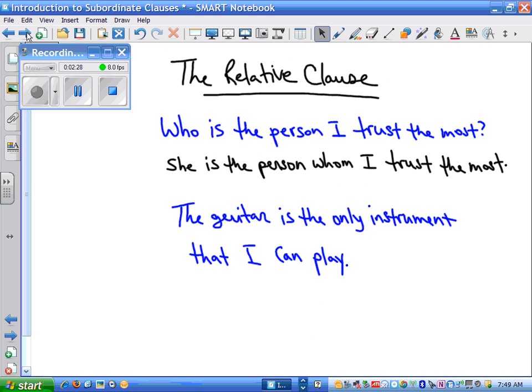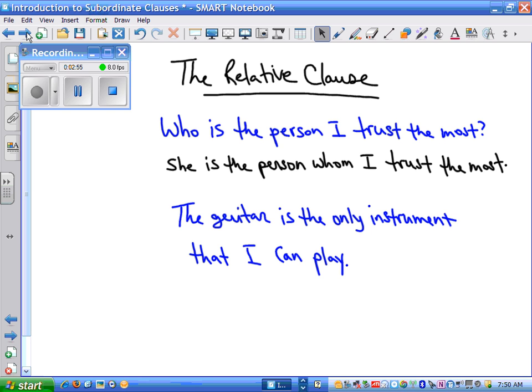Let's take a look at the relative clause. Now, the first sentence has that word who in it. Who, like many of the other kinds of words that we've seen so far, in one sentence might be an interrogative pronoun, and in another it could be a relative pronoun.